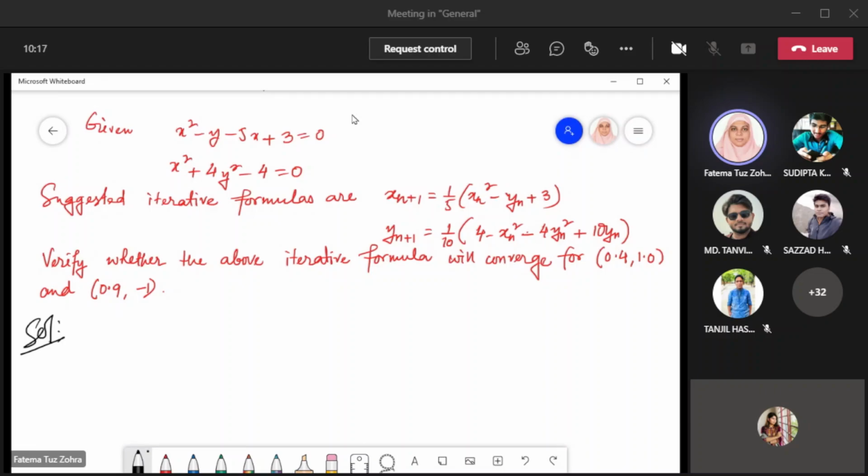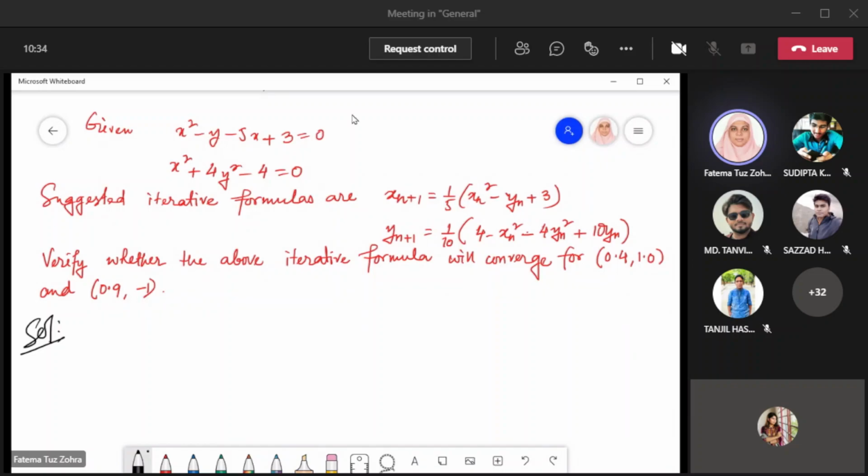Suggested iterative formulas are x n plus 1 and y n plus 1. So verify whether the above iterative formulas will converge for 0.41 and 0.9 minus 1 or not.